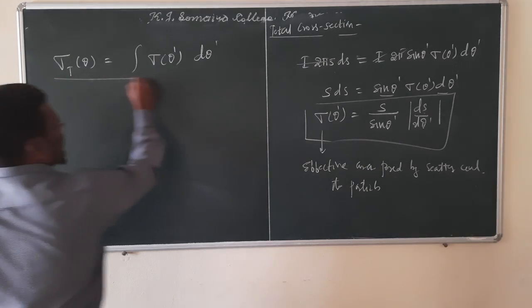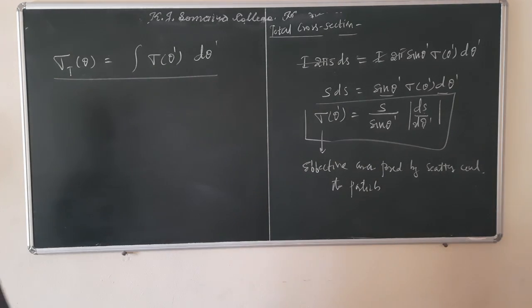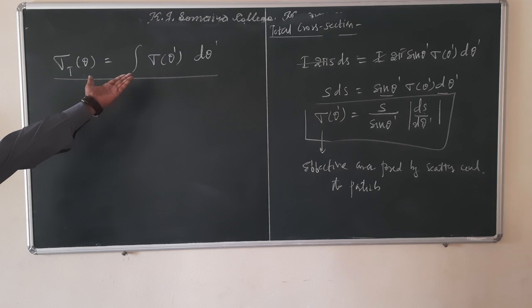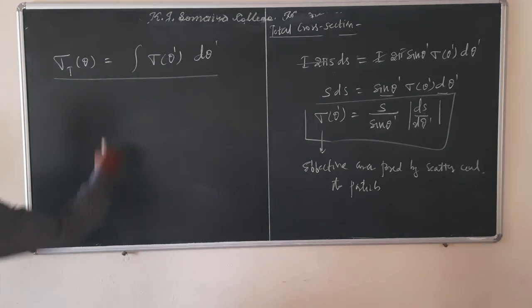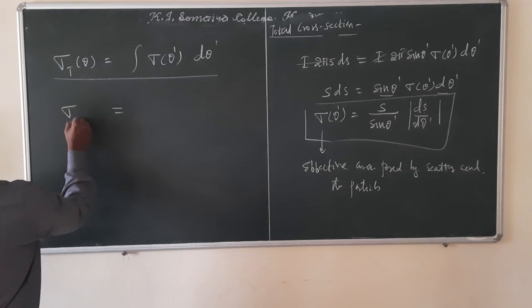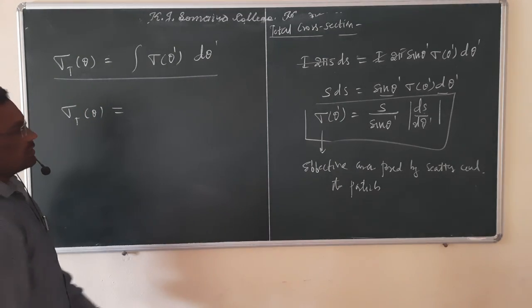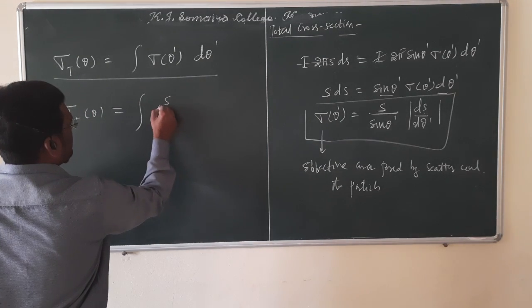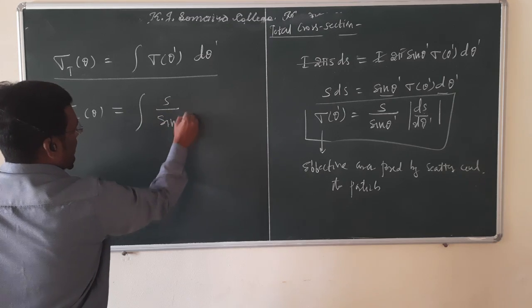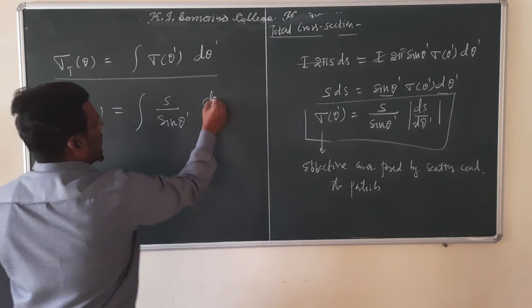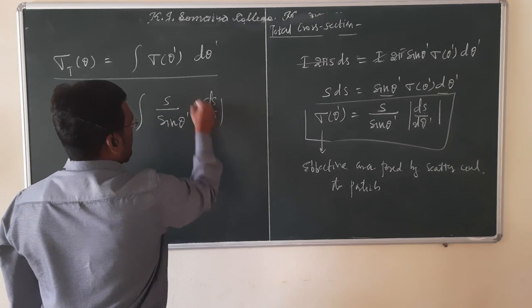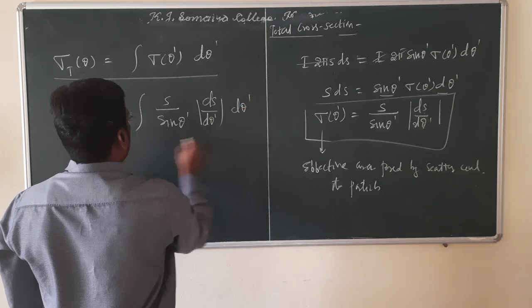So the total cross section is this. From the definition, this is the integration of s divided by sine theta dash, ds divided by d theta dash, into d theta dash.